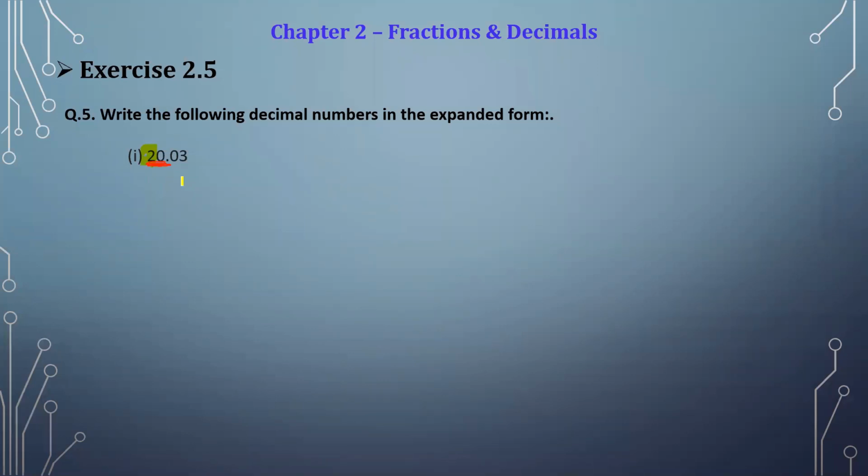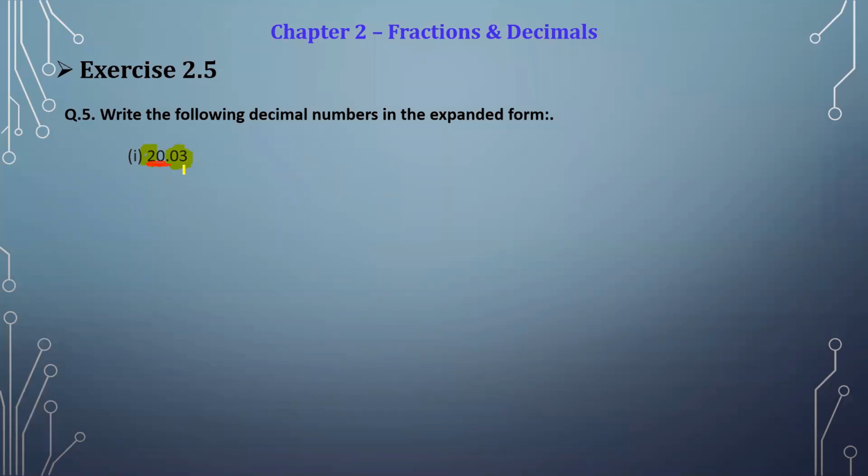Then if we move to the decimal part, which is 03, and consider the first 0, then that 0 is present at tenth place. So therefore we refer to it as the tenths place.